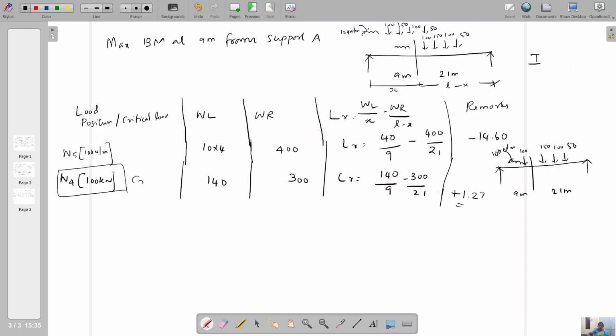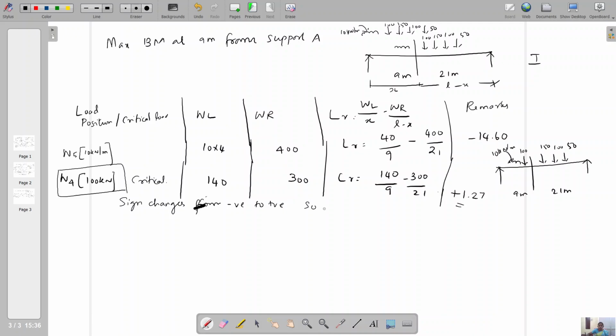So W4 is the critical load. We have to place this critical load on the section and calculate the bending moment under the load. This is the concept. So you can write that the sign changes from negative to positive.